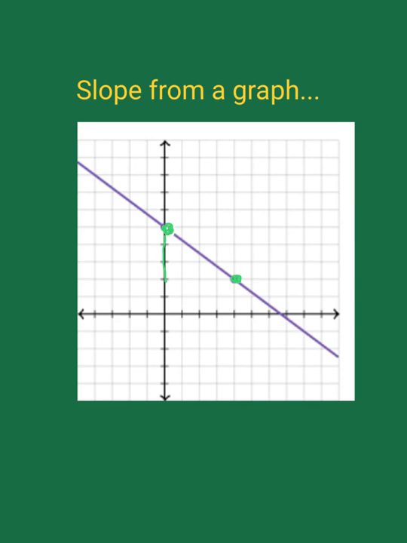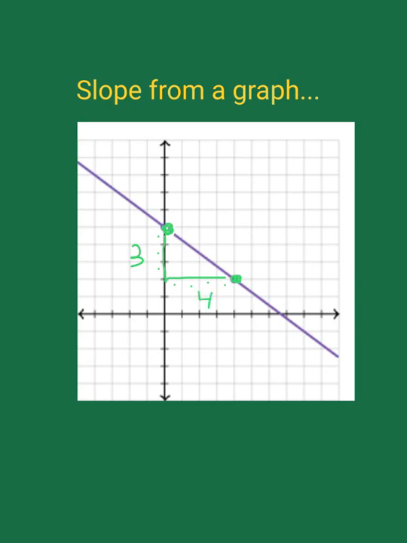The hypotenuse is going to be part of the line. And all you have to do is count. How long is each side of the triangle? Well, let's see. The y part is 1, 2, 3, and the x part is 1, 2, 3, 4.